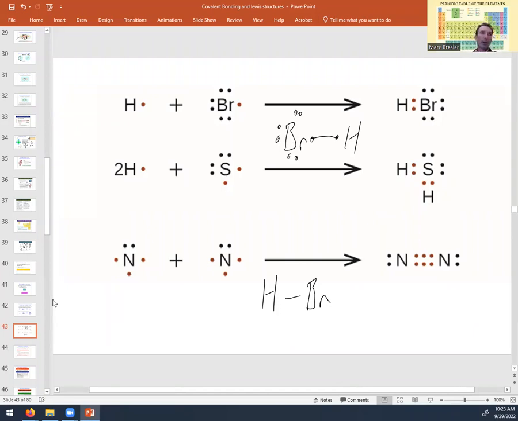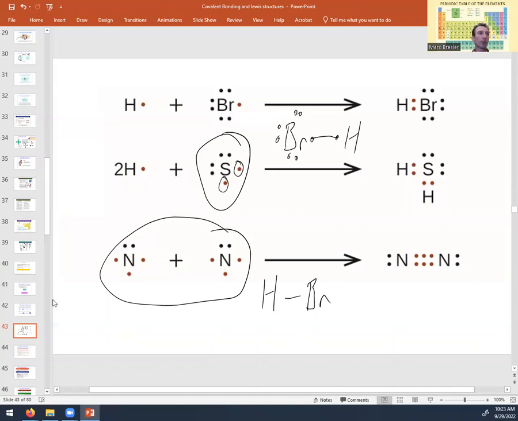You can see this is done for sulfur, and here is nitrogen. Sulfur has 2 unpaired electrons because it has a valence of 6 electrons, so it has 2 sites for hydrogen to come in.